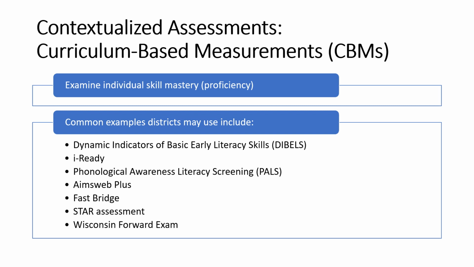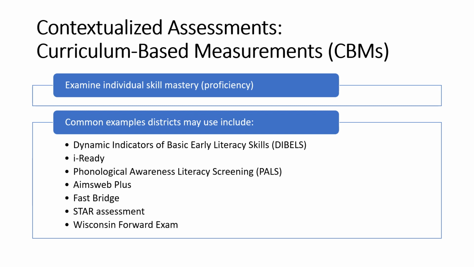So curriculum-based measurements, or CBMs, are a simple set of standardized procedures that are used to obtain reliable and valid measurements of students' achievement. There's a few examples listed on the slide, but there are a lot more options out there. And CBMs generally measure a variety of areas like math and reading.